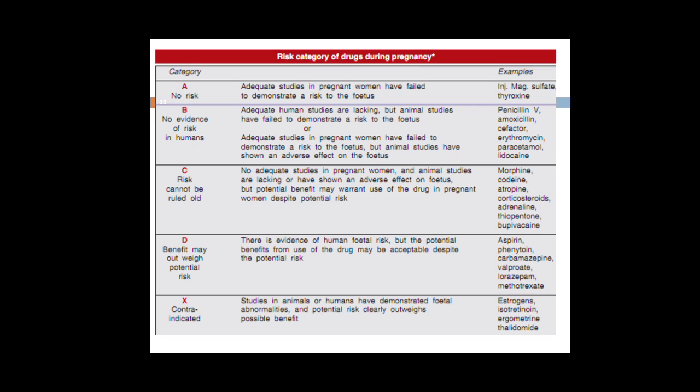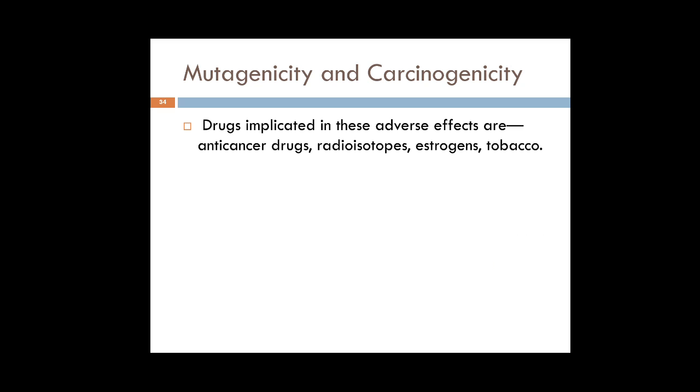There are different categories in this teratogenic effect, that is category A, B, C, D and X. This chart is there in your book. You can very well read this chart and go through it. Another effect, as we are nearing the end of our lecture, is mutagenicity and carcinogenicity.